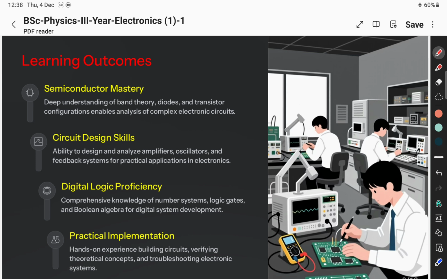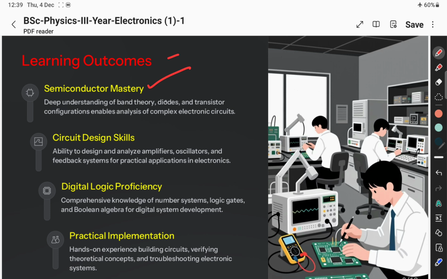When you complete all the chapters, all the 4 units, which are very focused and very connected units, the result you'll find in yourself is that you can master the semiconductor topics.